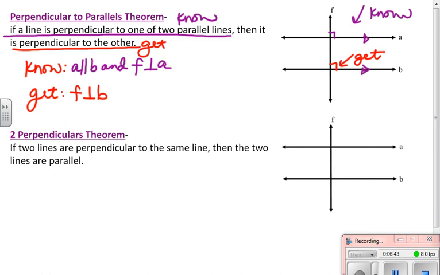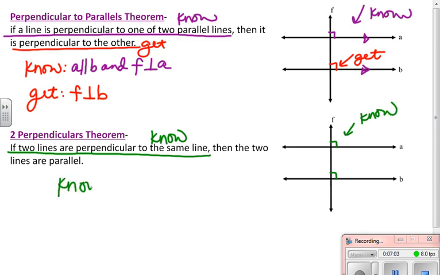In a similar manner, the second perpendicular theorem: if I know two lines are perpendicular to the same line, so this is what I know, then what do I get?